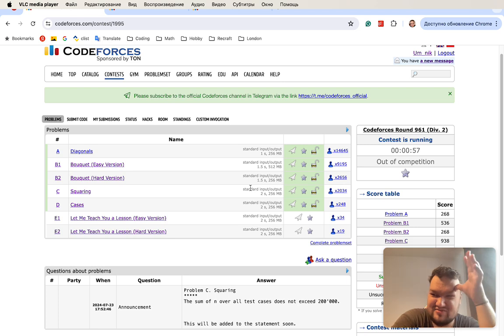I guess there was also a problem where you just multiply by 2 instead of squaring. That doesn't change anything in terms of solving. Well, okay, it changes that. Well, no, the numbers could be big in that one too. So it's the same problem.